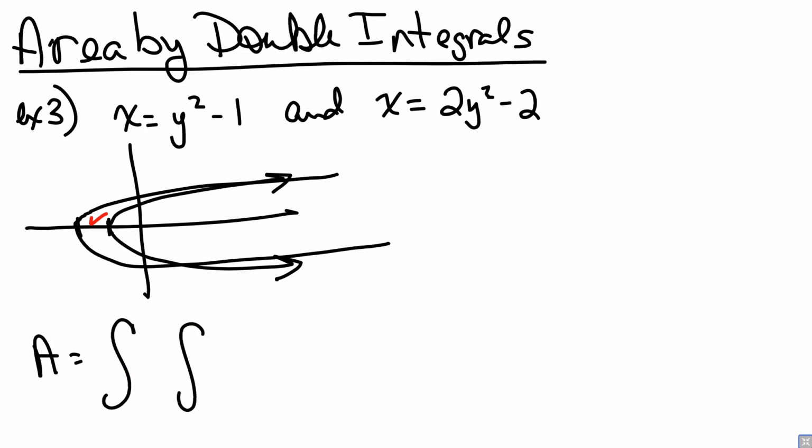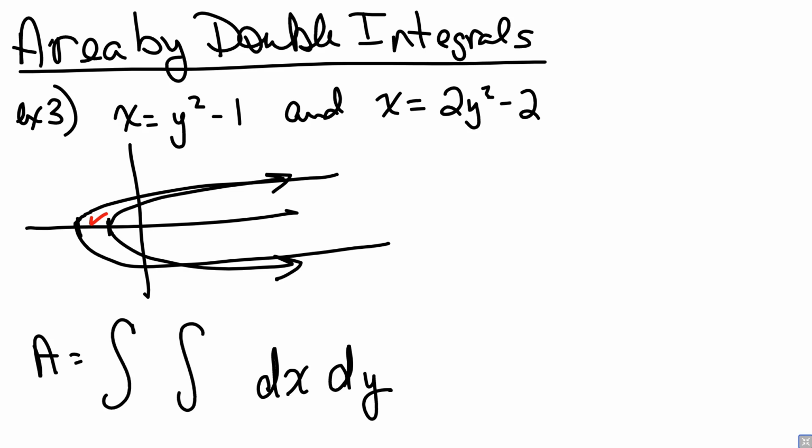Okay. Now, if we take a look at this, we notice the equations are x equals. So it will make it easy to integrate for x first, then integrate for y.